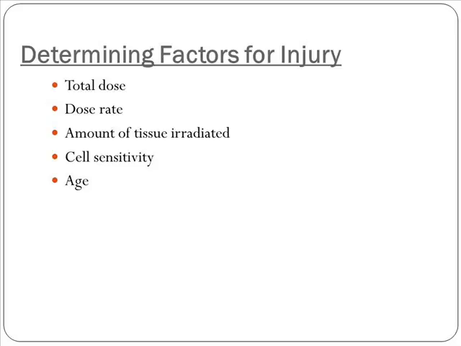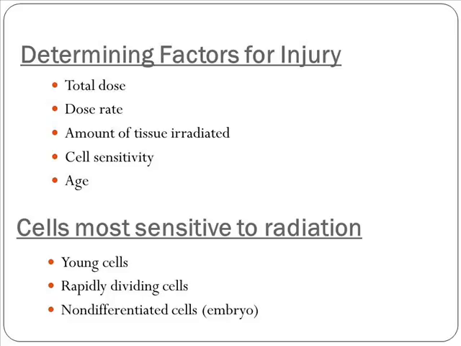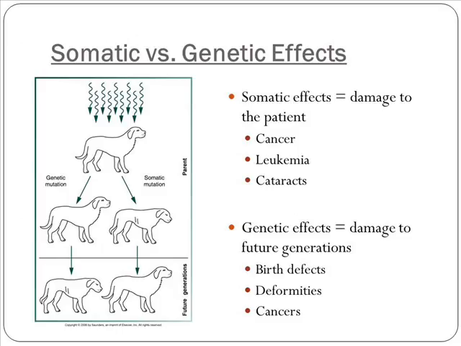Cells of the embryo are the most sensitive as far as age goes, but as we age, we get less and less sensitive to radiation. So cells that are most sensitive to radiation are young cells, rapidly dividing cells, and non-differentiated cells. Cells that don't really know yet what they are. They're still forming.